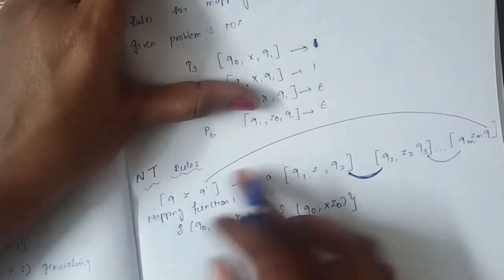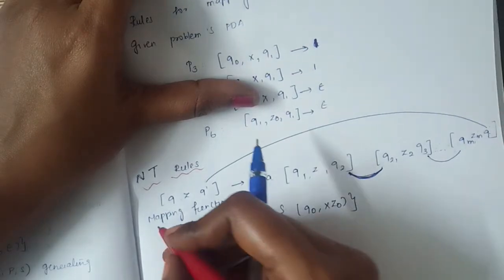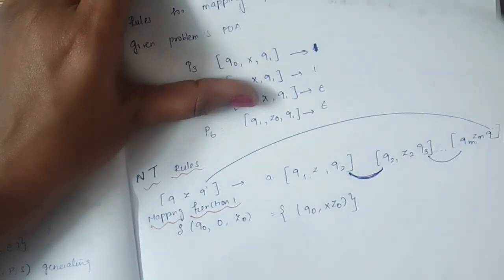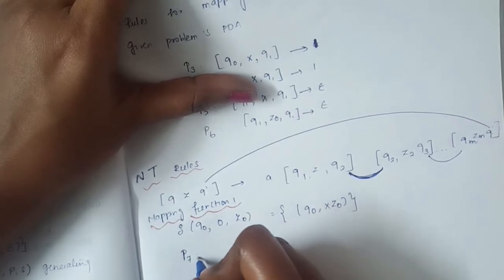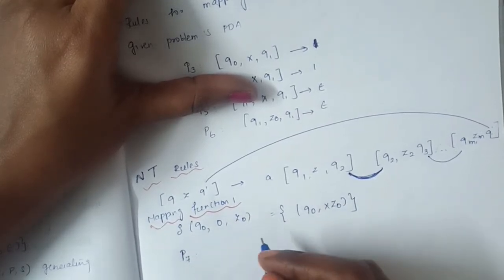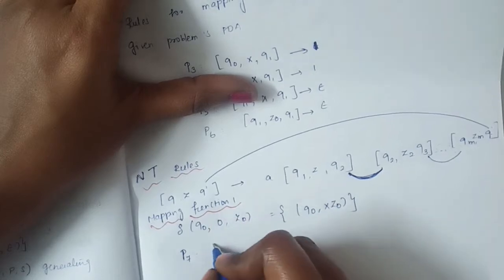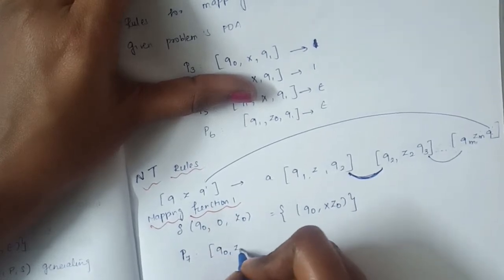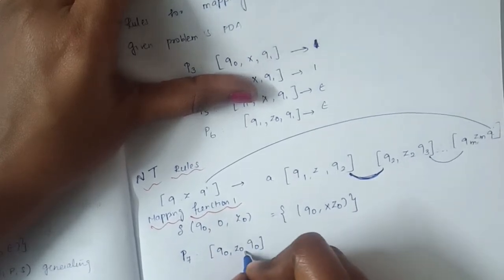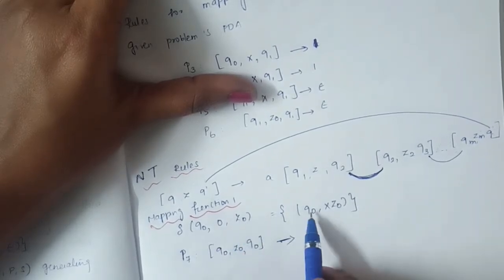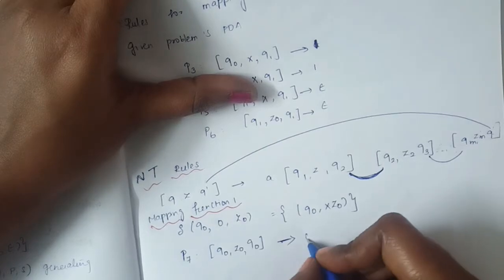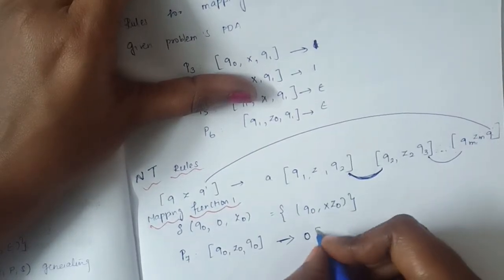So I have to formulate like this because it is a non-terminal rule. So we'll have P7. When we see this, Q0 tends to A, which means this one.